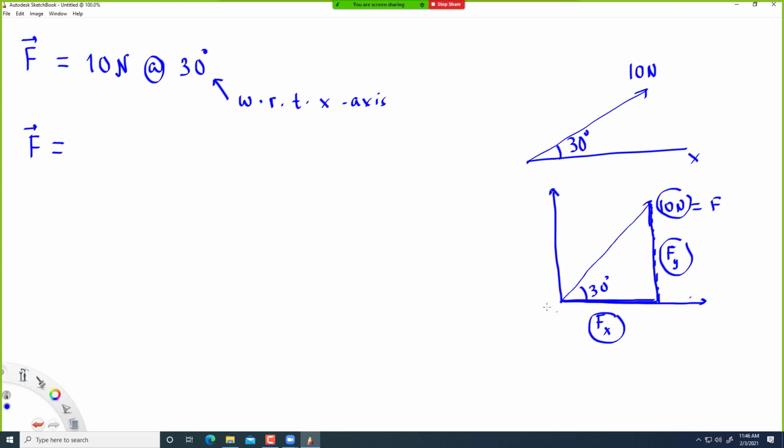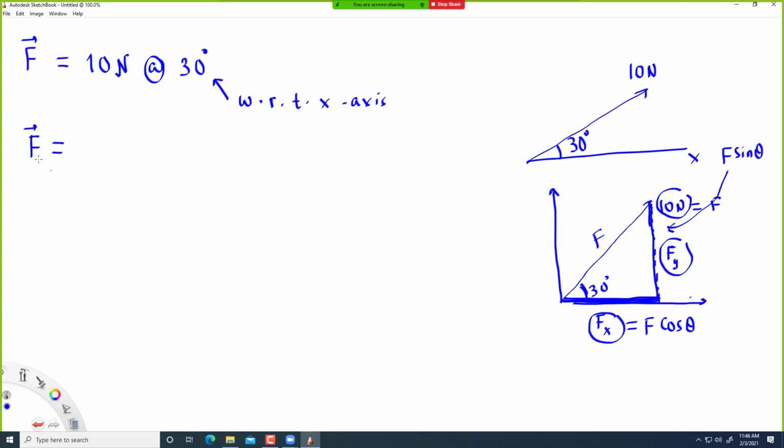The way to do that is, if you look at this triangle, this side, in terms of this vector f, would be f cosine theta. This one, in terms of this vector, would be f sine theta.